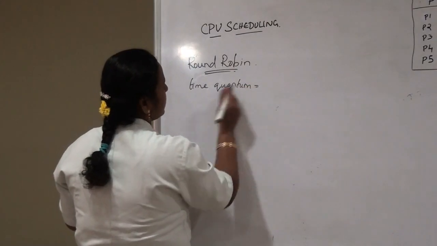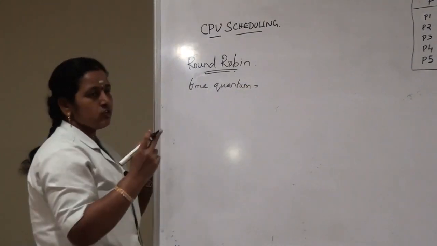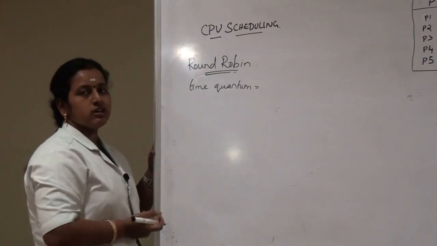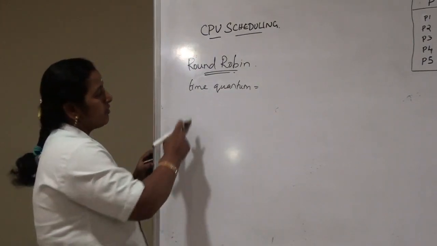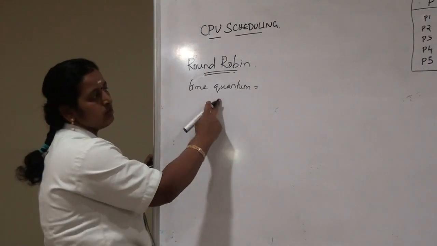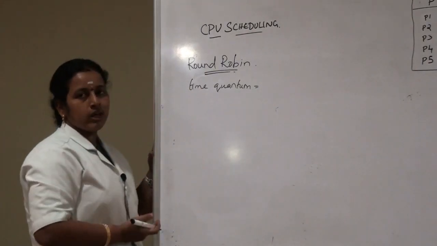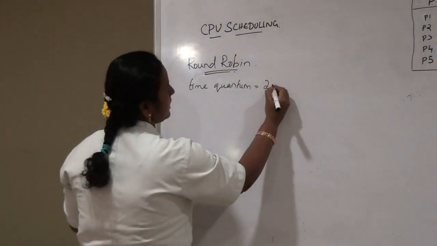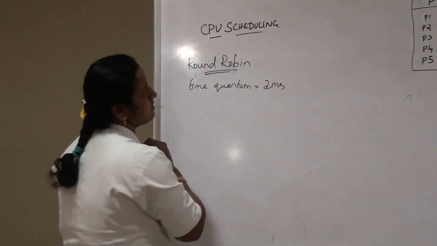If the time quantum is large, the process will finish its execution faster. If your time quantum is less, the process takes more cycles to execute. So in this problem I am taking the quantum as 2 milliseconds.